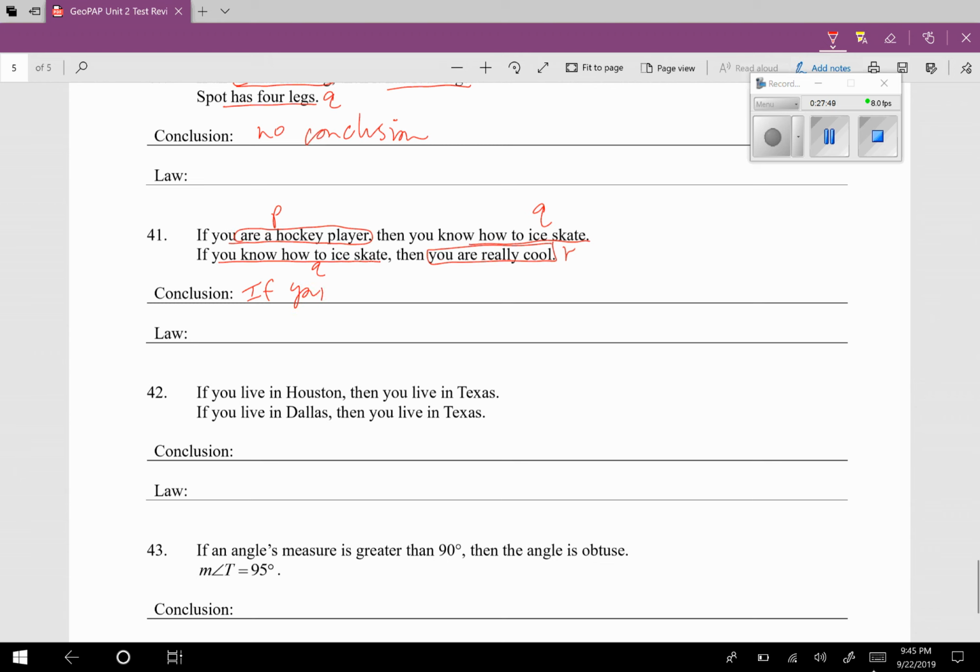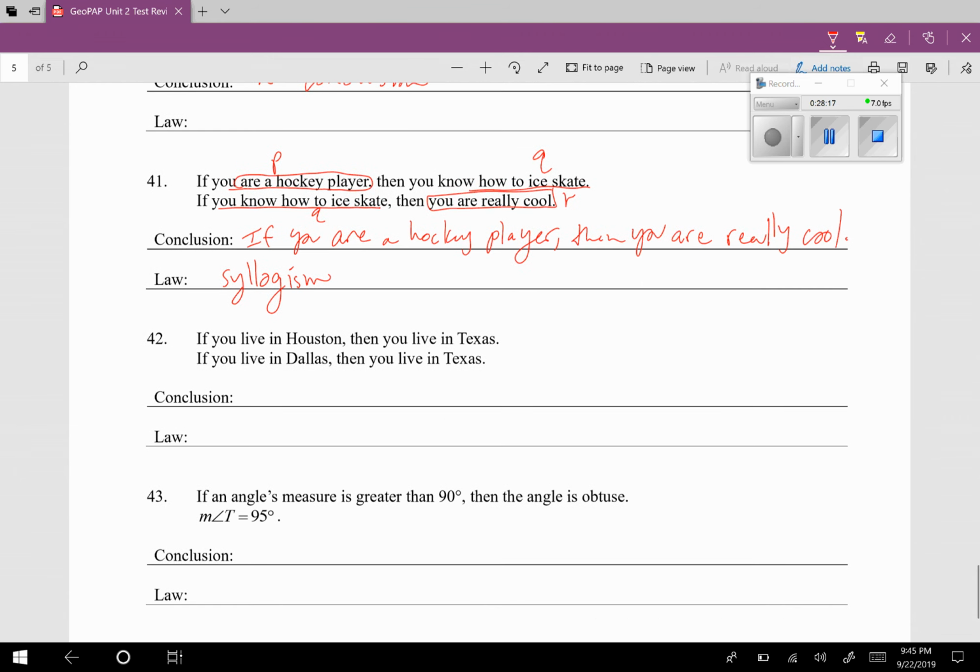If you are a hockey player, then you are really cool. And I'm making this conclusion because we're following the law of syllogism.